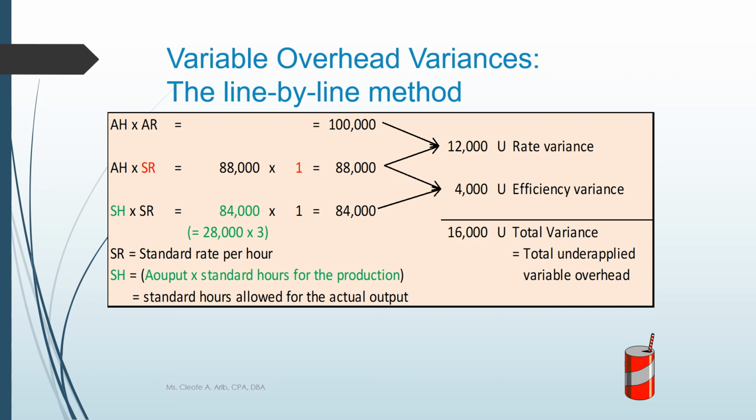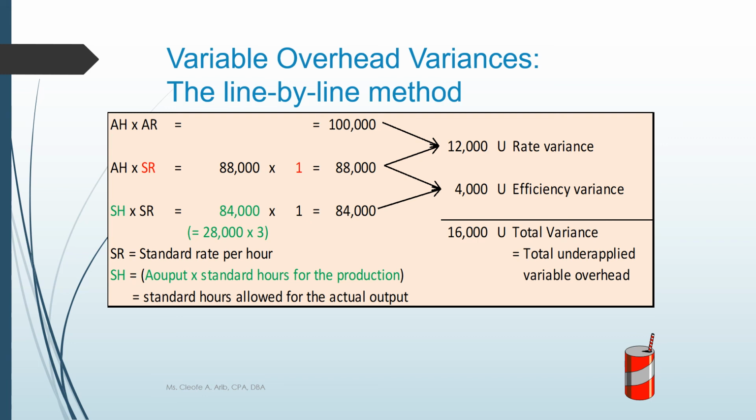So, for the rate, as computed using the formula actual hours multiplied by the difference between your actual rate and your standard rate, we get a rate variance of 12,000 unfavorable. Efficiency variance naman for your variable overhead is at 4,000 unfavorable. Computed as follows: you just get the difference between your actual hours and your standard hours, and you multiply that by your standard rate.